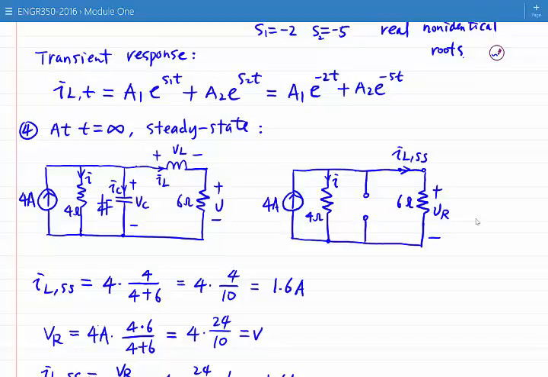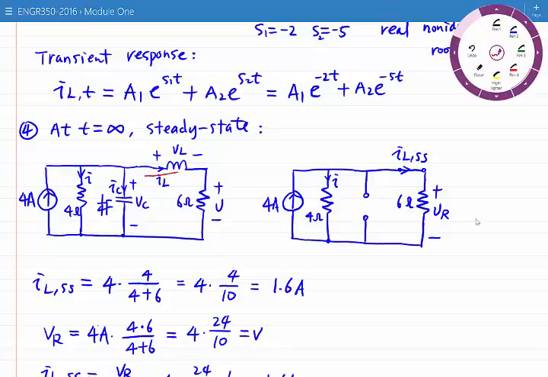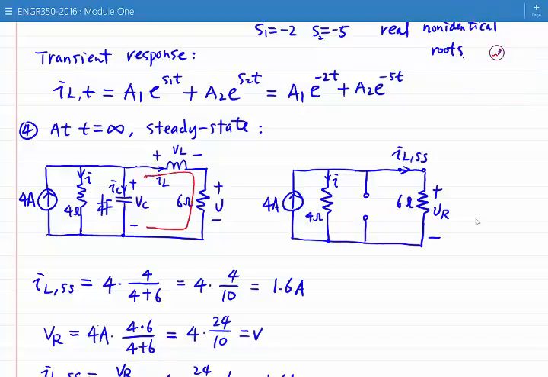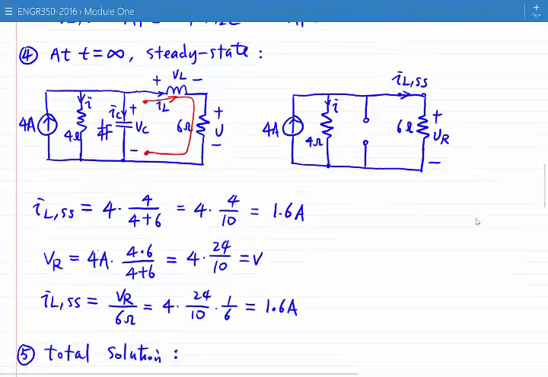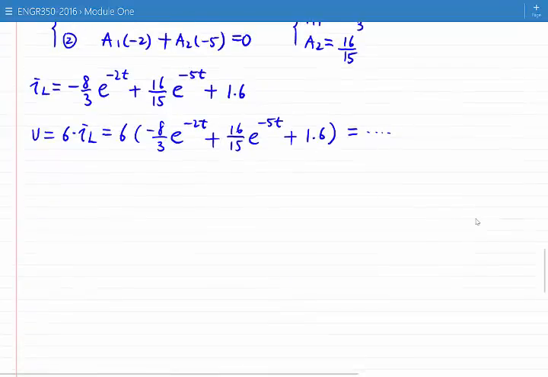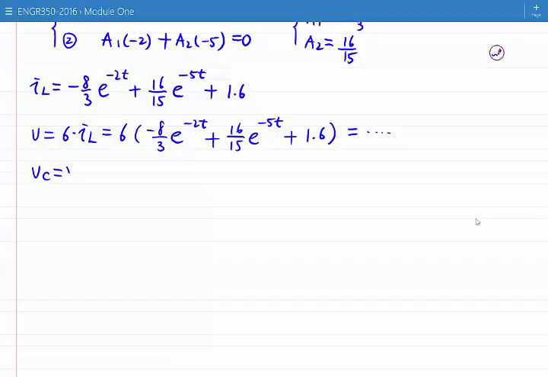If we apply KVL, VC, the voltage from here to here, if I define an imaginary loop current that flows from here to here, is equal to VL plus V. So we can write VC is equal to VL plus V.